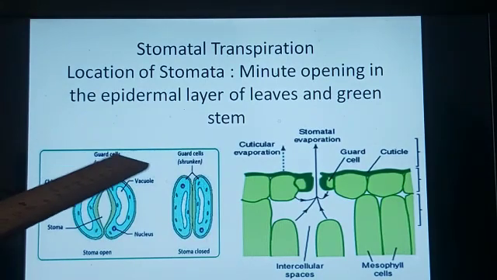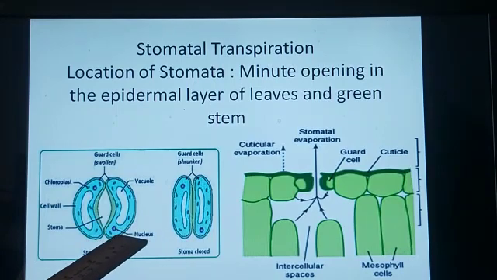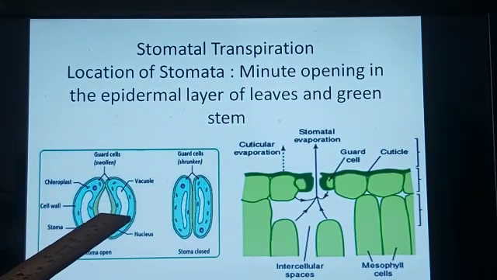Now this stomata has bean-shaped cells called guard cells. So when the guard cells become turgid, the stomatal pore that is present in between the guard cells is open.